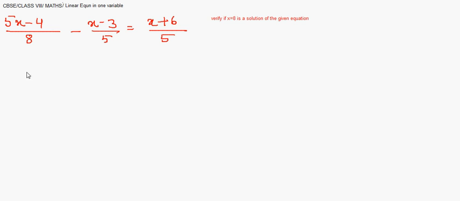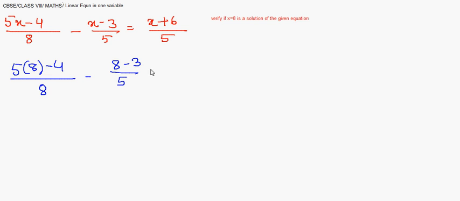So we will substitute 8 wherever x appears. So (5 into 8 minus 4) by 8 minus (8 minus 3) by 5.